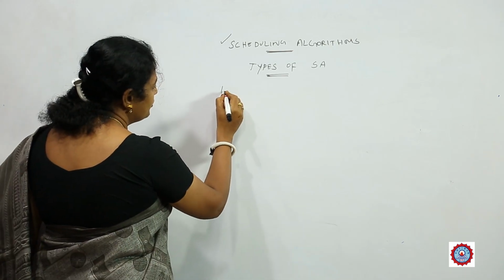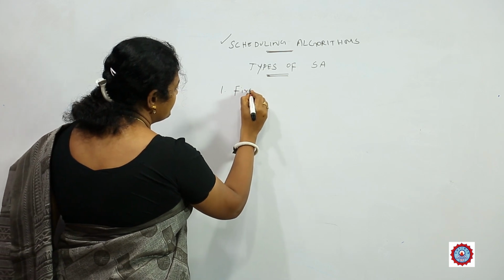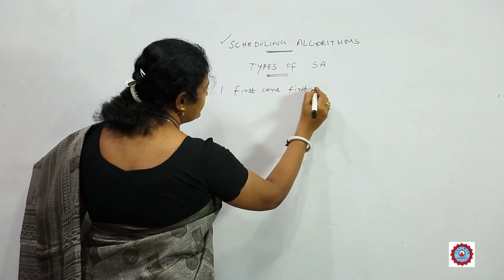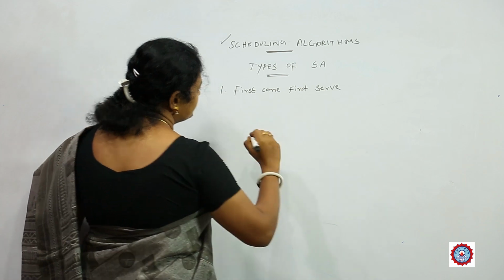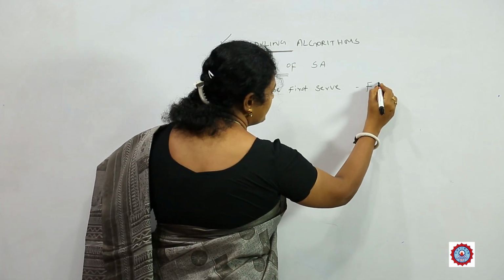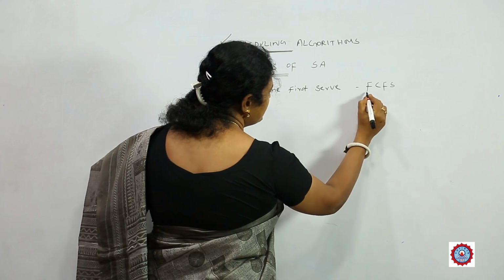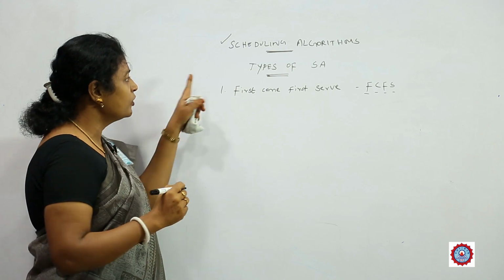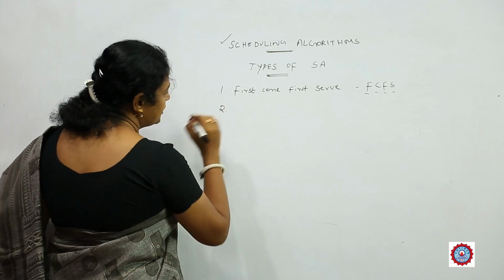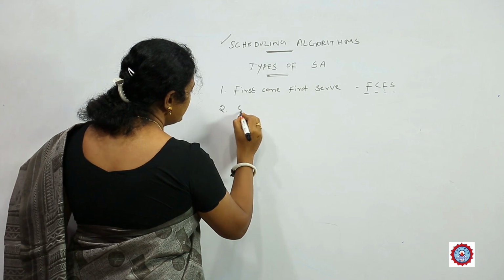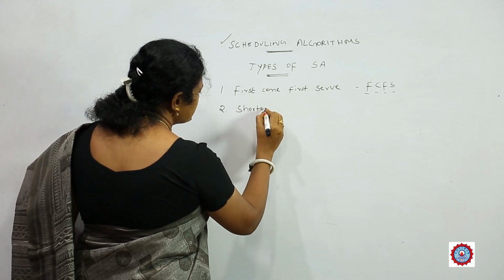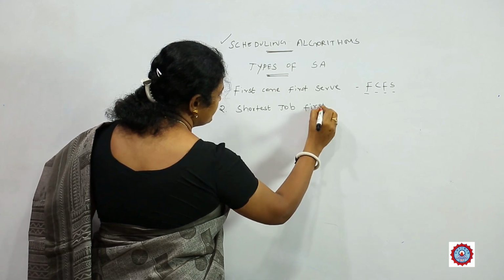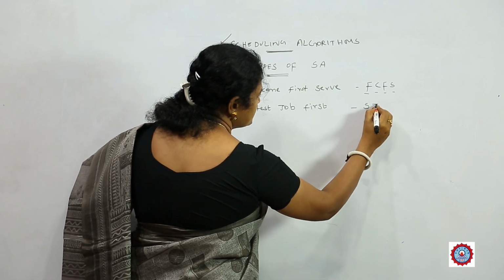So, the first one will be first come first serve. The acronym FCFS stands for first come first serve. That is the first scheduling algorithm. Then the next one will be shortest job first, SJF.